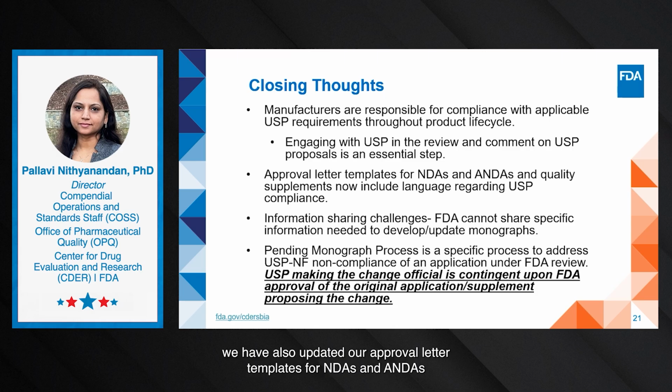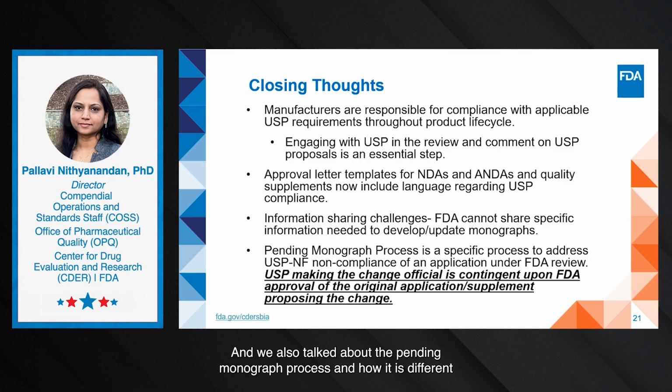From FDA's side, we have also updated our approval letter templates for NDAs and ANDAs and quality supplements, which now include language regarding USP compliance, just as a reminder. And we have also talked about in this presentation the information challenges that FDA cannot share any specific information such as impurity names or acceptance criteria, limits, etc., which are needed to develop and update monographs.